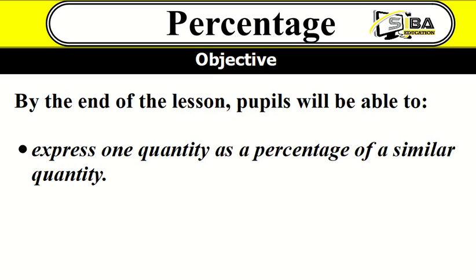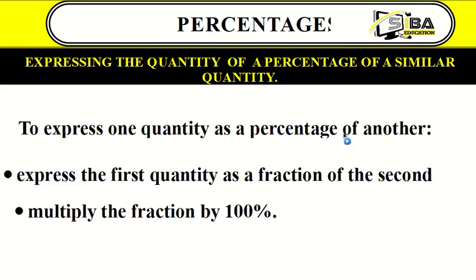Now by the end of this lesson you'll be able to express one quantity as a percentage of a similar quantity. To do this, we have to express the first quantity as a fraction of the second quantity.